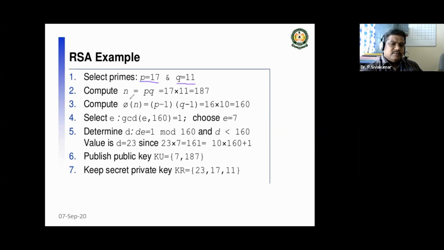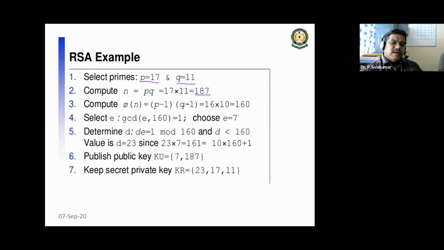Compute n, which is P times Q. That is the formula. So 17 times 11 is 187, so the n value is 187. Next we compute phi(n). Using Euler's totient function you can find your phi(n). So phi(n) is phi(p) times phi(q), where phi(p) is p minus 1.